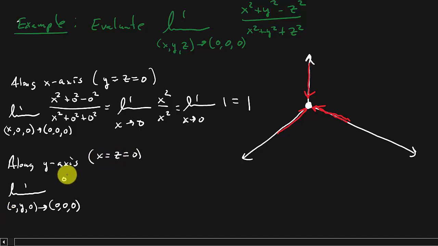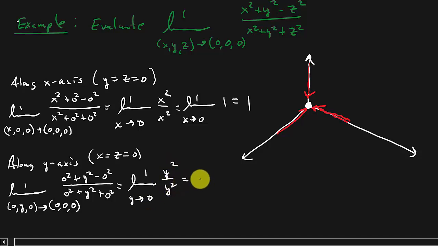And so this is going to be 0 squared plus y squared minus 0 squared over 0 squared plus y squared plus 0 squared, which is the limit as y goes to 0 of y squared over y squared, which is the limit as y goes to 0 of 1, which equals 1. So those are the same.